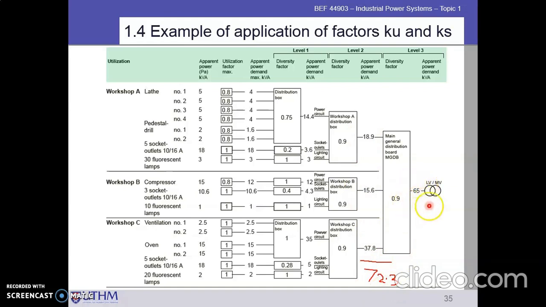So this is the total load apparent power that will connect to the secondary side of the transformer, the LV side. Okay, clear?